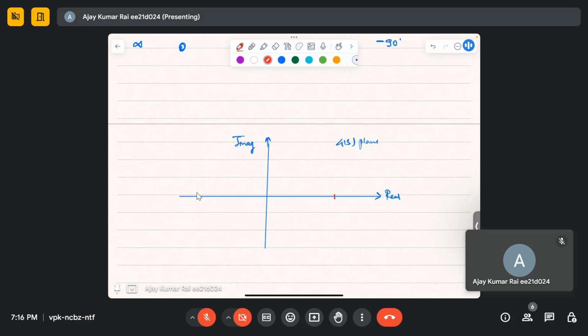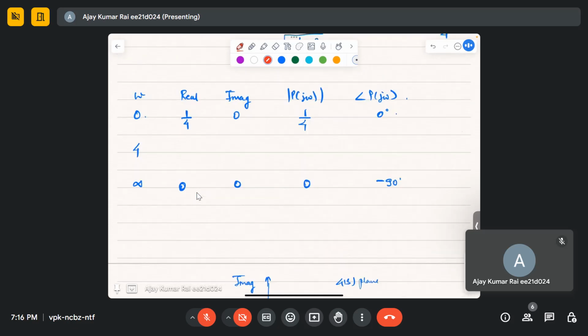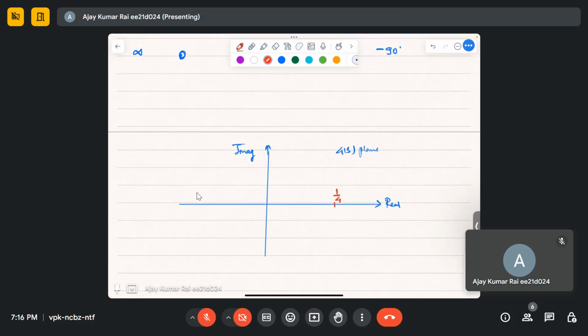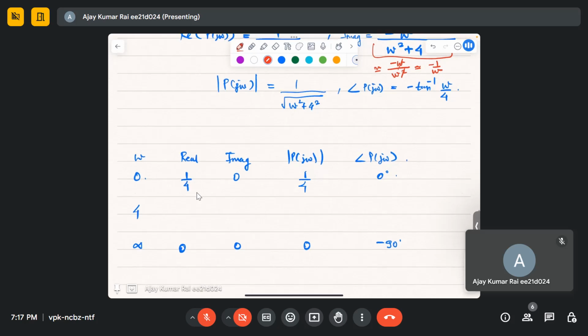This is at 1 by 4. Angle is equal to 0 degrees, and at infinity we have 0, at the origin. So these 2 points we know, with omega tending to 0. But we know it's a semicircle. So let's also find at omega equal to 4.